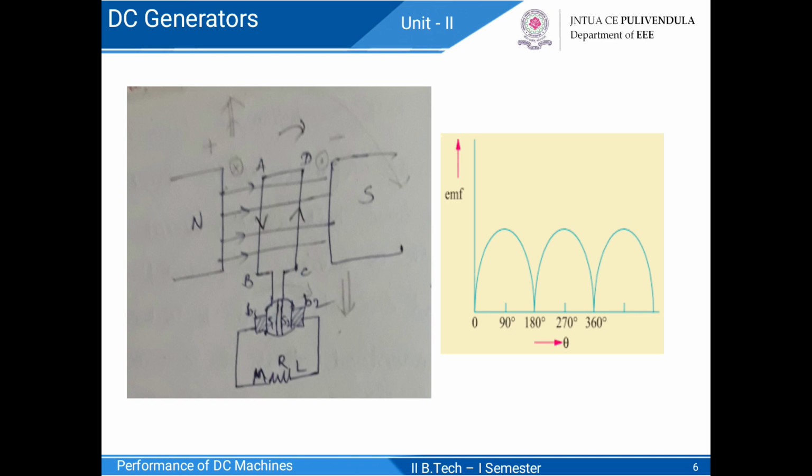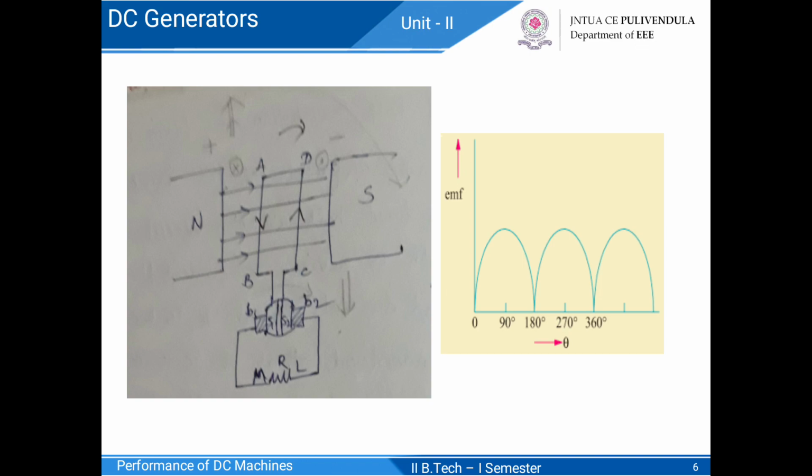So the two ends of the coil are connected to these segments, that are S1 and S2, and now here brushes are also placed against the split rings. Observe here now.